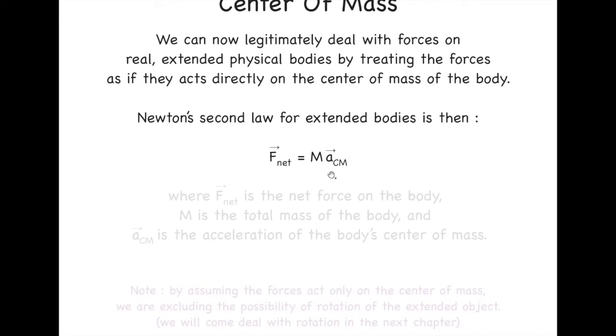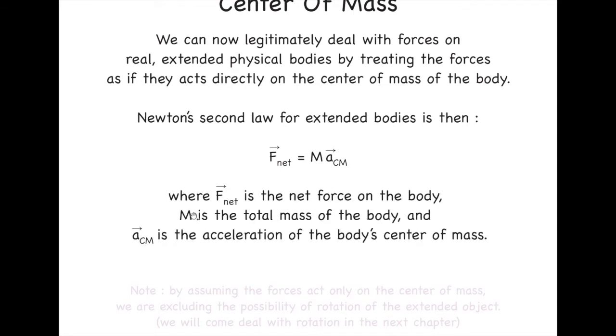So we're being just a little bit more explicit. In the past, we just said the acceleration of the body, right? What we're saying now is that the net force F on an extended body with total mass m is going to accelerate that point at the center of mass of that body, right? And the rest of the body will come with it if it's a rigid body, right?